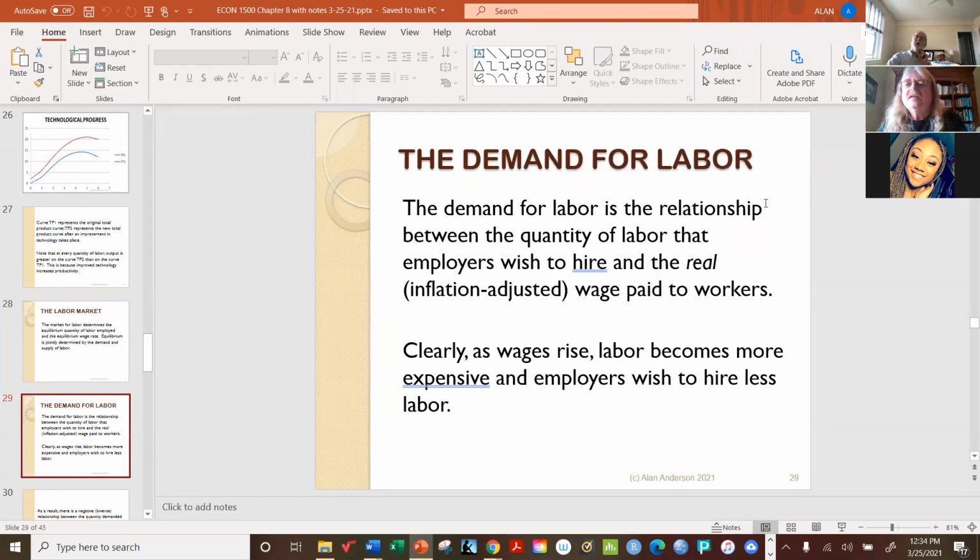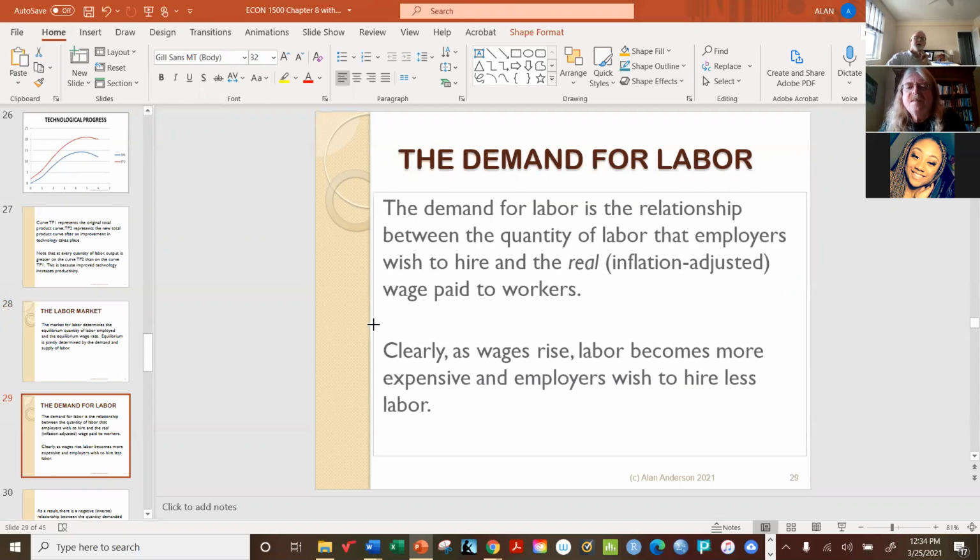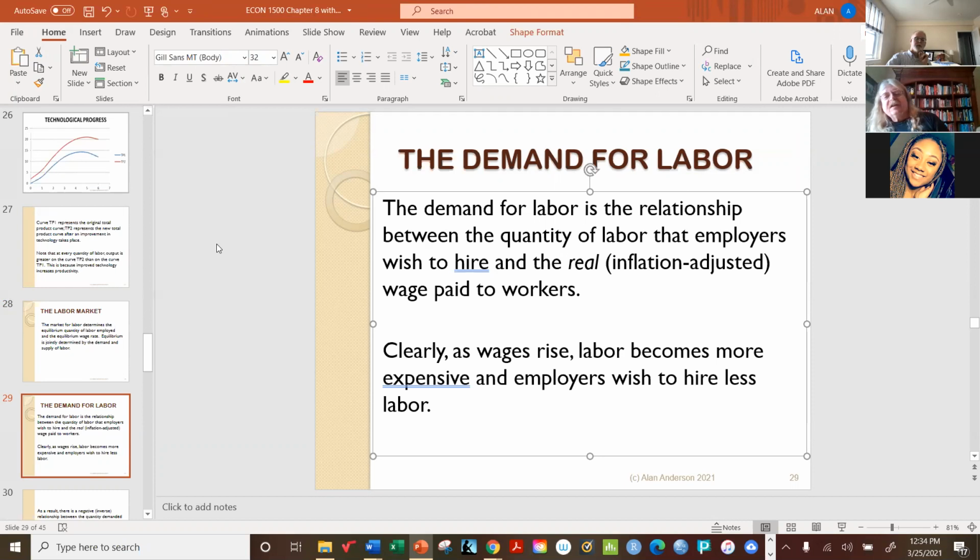So we're going to start out by looking at the demand for labor. Of course, the demand for labor obviously comes from employers. What exactly do employers hope to do when they hire labor? What is the point of hiring labor? What is their goal? Well, if this is a profit-making organization like a corporation, the whole idea is that they want to hire labor that can produce something useful to them that enables them to sell goods and services in the marketplace.